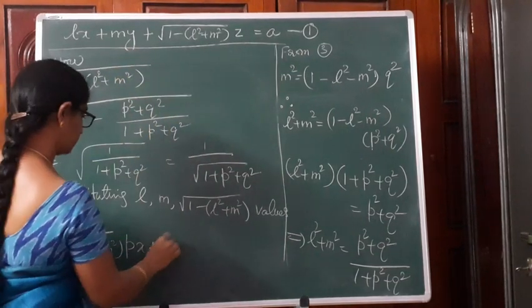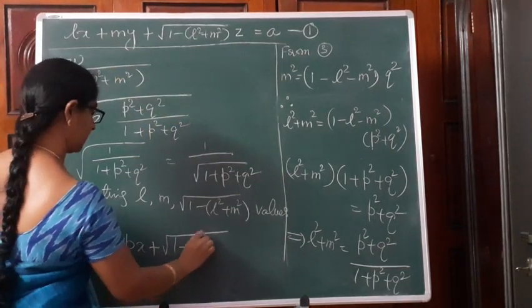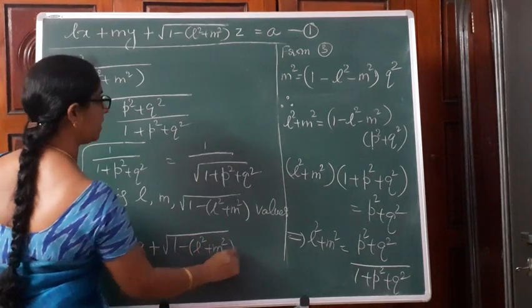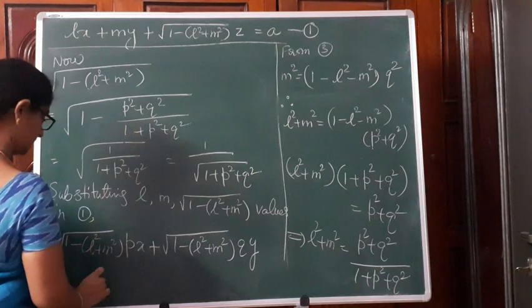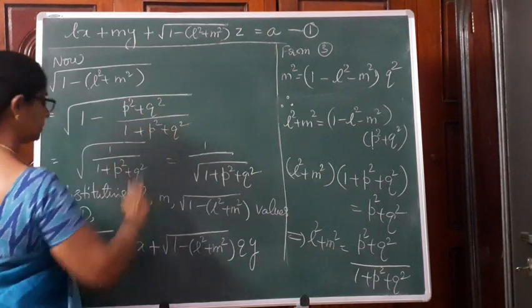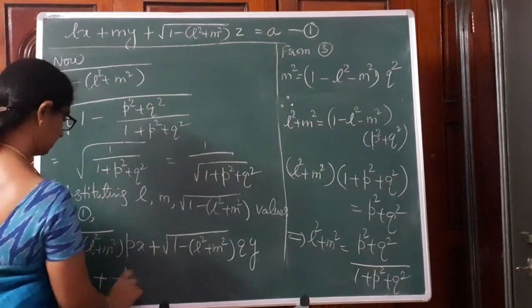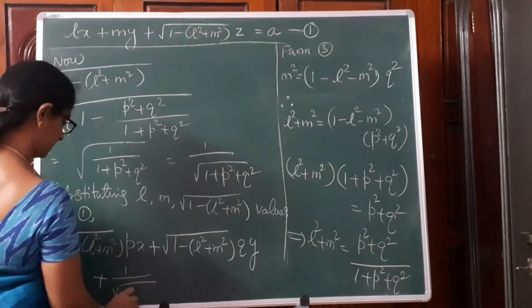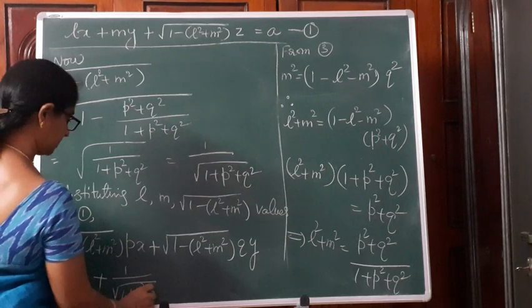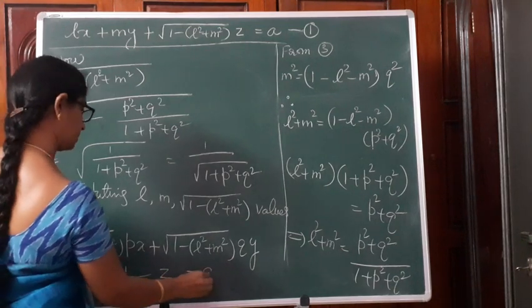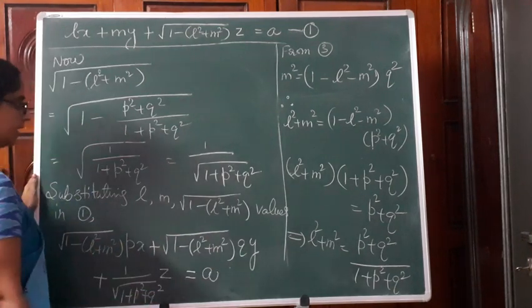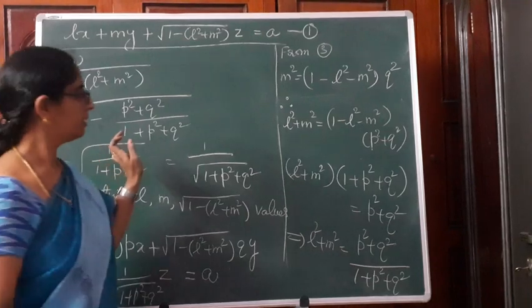M is square root of 1 minus of L square plus M square into Qy plus root over 1 minus L square plus M square is 1 by root over 1 plus P square plus Q square into Z is equals to A. Okay, this is what we obtain.